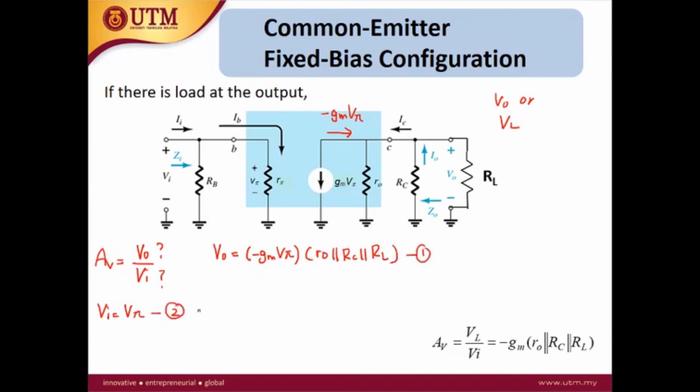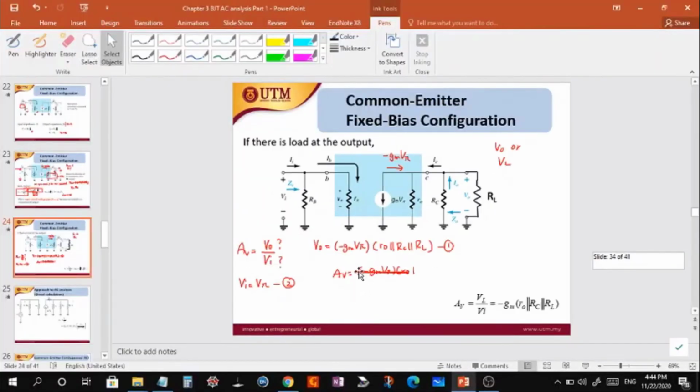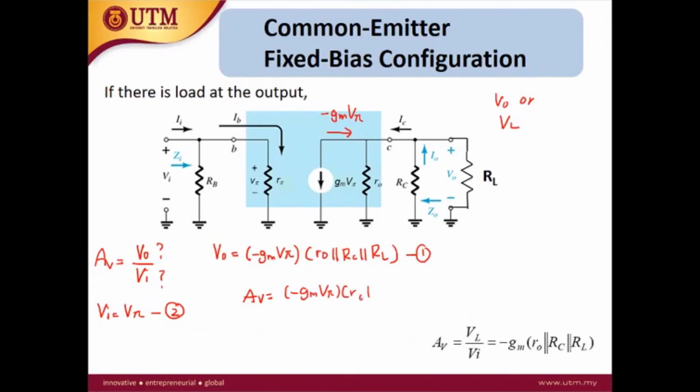For the second equation, you combine this one: AV is equal to minus Gm V pi times R node parallel with RC parallel with RL, over V pi. So cancel out the V pi, and you got this answer.